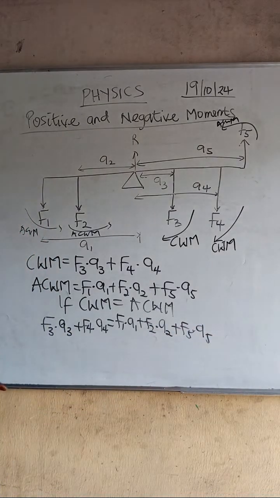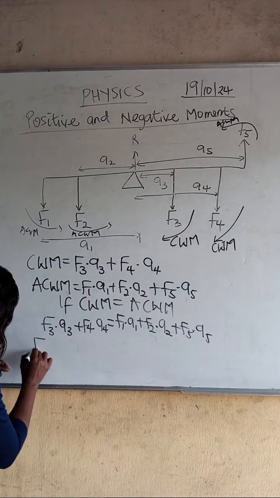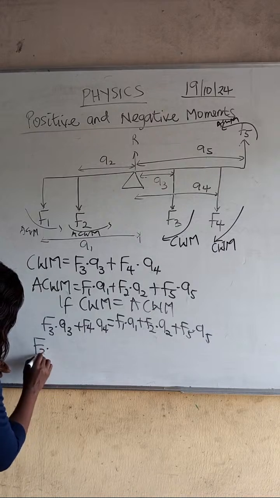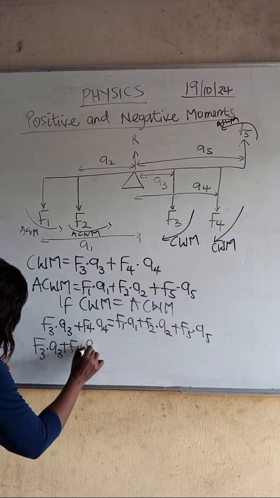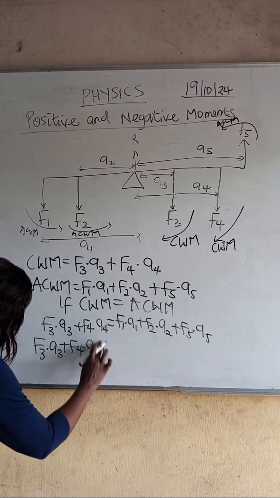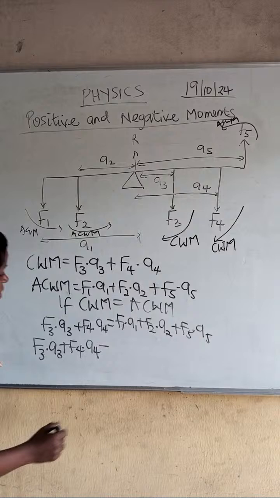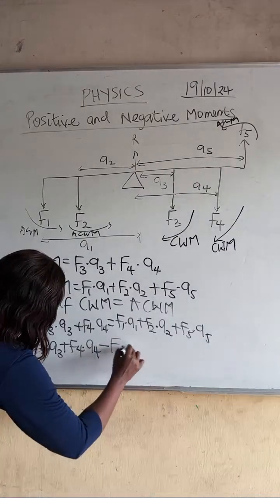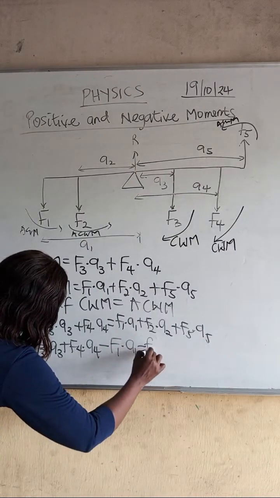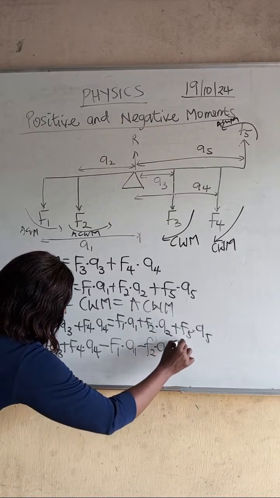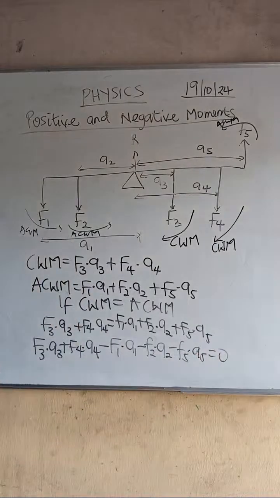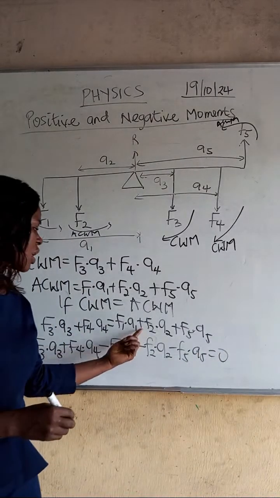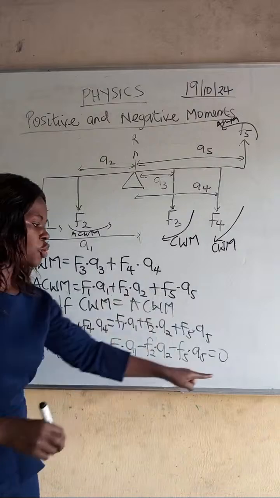Then I can carry these other ones to this side. So we have F3 dot A3 plus F4 dot A4 minus F1 dot A1 minus F2 dot A2 minus F5 dot A5 is now equal to 0. Now I brought all these ones to this side to equate them to 0.